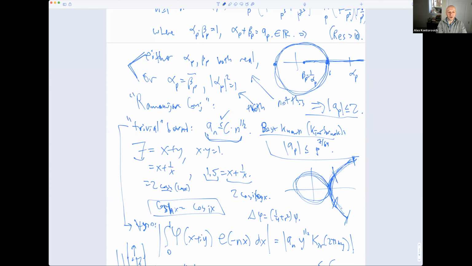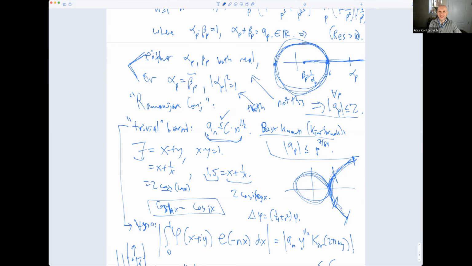So whether you get a cosh or a cosine solution depends on whether the number you're trying to represent as x plus y with x times y equals 1 is greater than 2 in absolute value or less than 2 in absolute value. And you're saying that once it's true for one of the p's, it's just going to be true for all of them? No, the conjecture is that for all p, a_p is at most 2. For every single p, it is on this circle.